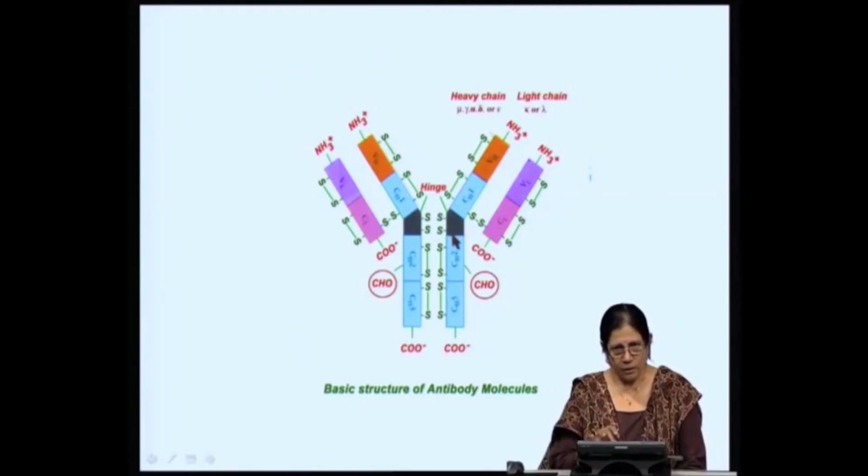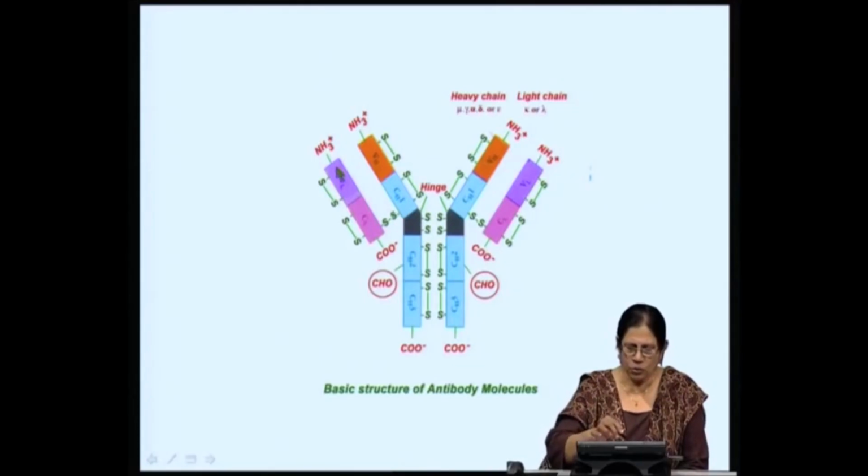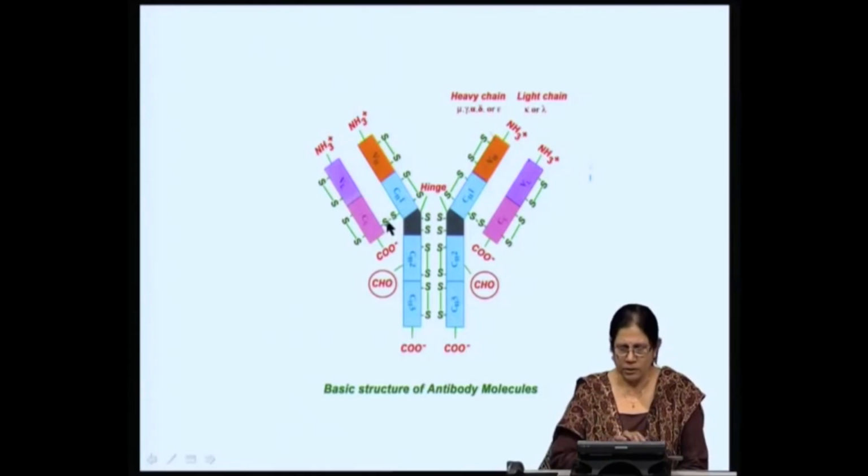We know very well now that every immunoglobulin is made up of two heavy chains which are held together by disulfide bonds. The heavy chains themselves are again held to, or hold, the light chain through disulfide bonds.